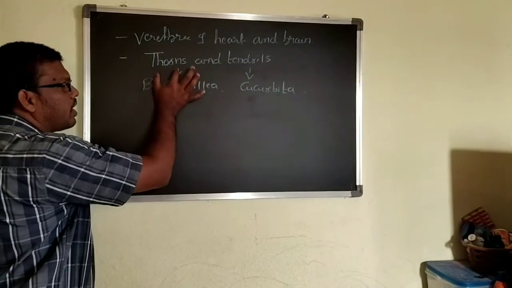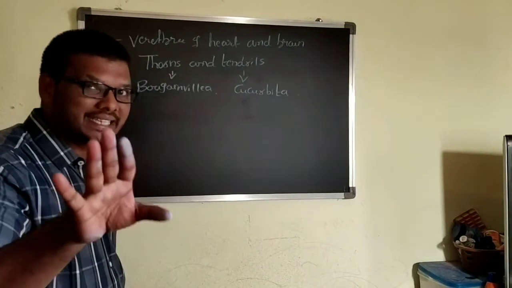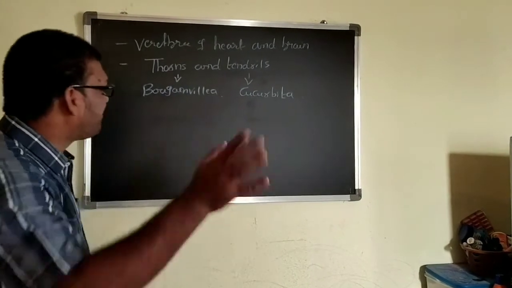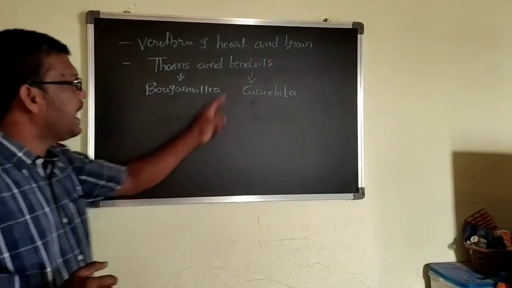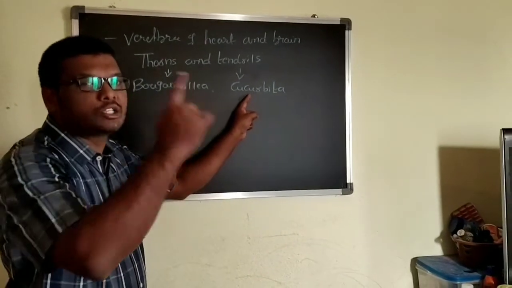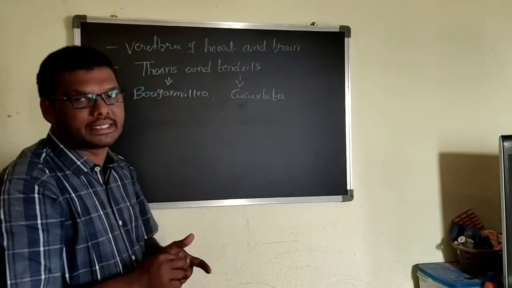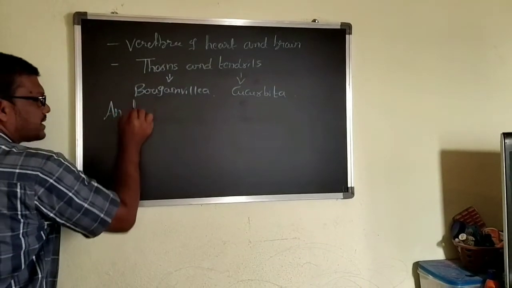Thorns and tendrils are both leaf modifications, so the structural origin is similar. The thorns of bougainvillea are for protection, and the tendrils of cucurbita are used for support and climbing. Next we go for the analogous organs.